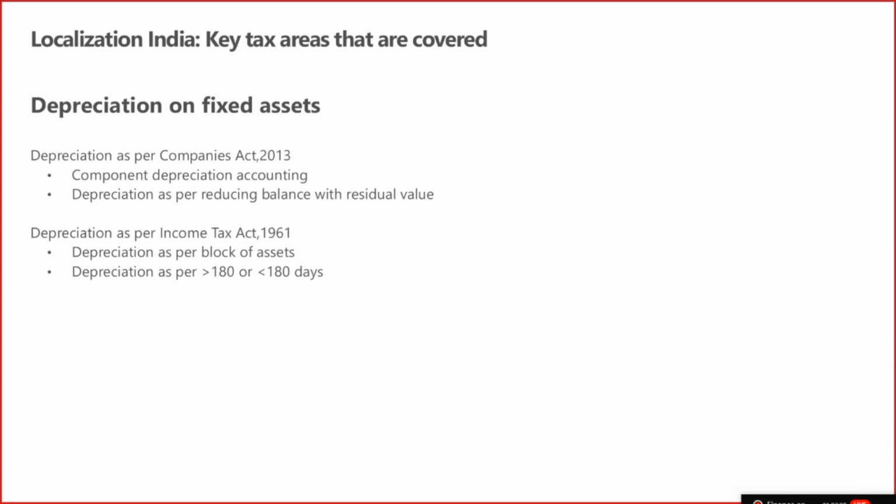So as per the Companies Act and Income Tax Act, you can generate your depreciation report, which is the annexure, I think Schedule 14 of the Companies Act, which you can generate as per the Companies Act. And as per the Income Tax Act, the system gives you a depreciation schedule report, which indicates block-wise depreciation on the assets.